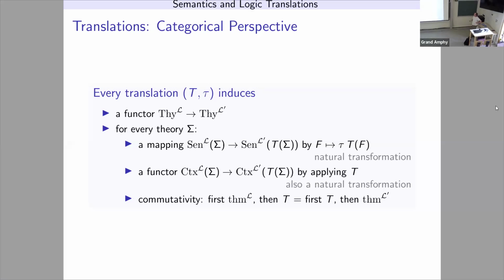And if we have that, every translation induces a sentence translation, a functor between contexts, mapping the context over, say, monoid to the context over the set theoretical language of monoids. And all the diagrams that arise commute in the intuitive way.